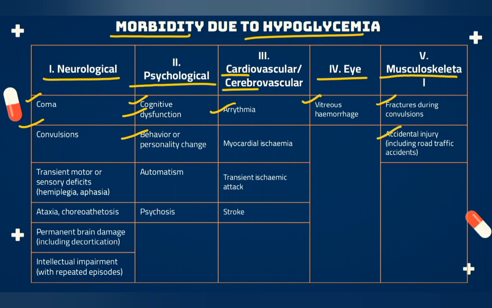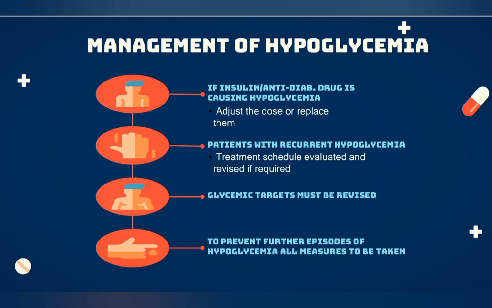Now let's discuss the management of this hypoglycemia-like condition. If any insulin or any anti-diabetic drug is causing the hypoglycemia, in such condition either we need to replace those medications or we need to adjust the dose of such medication due to which the hypoglycemia is produced.